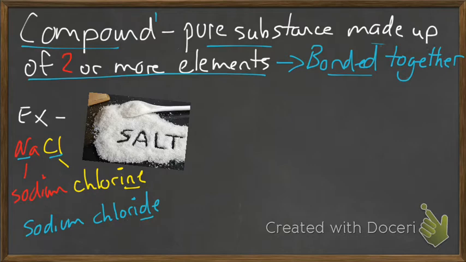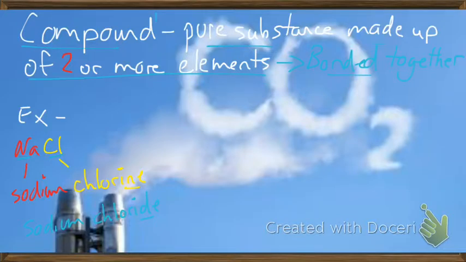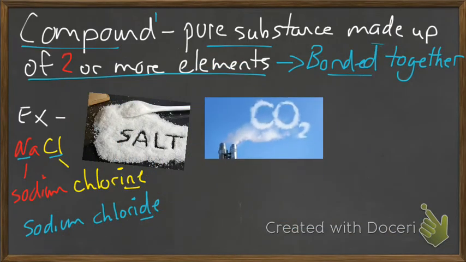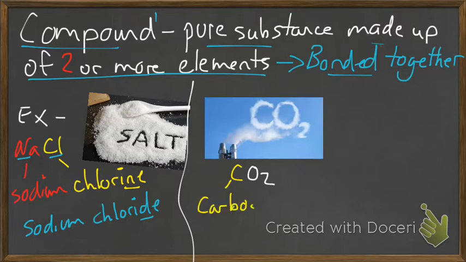Another example, another very common one. I really hope this shows up better on the screen when it's recorded. It's carbon dioxide, CO2. Let's write this like this, CO2. Put a line there. We know C is carbon, and O is oxygen.